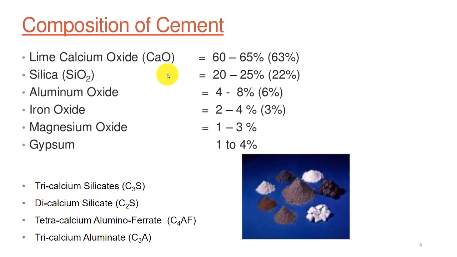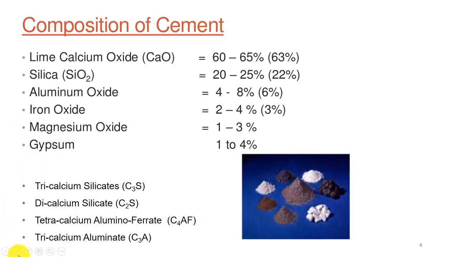So, the significance of using these minerals is basically related to the different phenomena occurring in the hydration reaction that we will be discussing in this lecture. These basically are the chemical compositions, the added oxide composition in your cement.